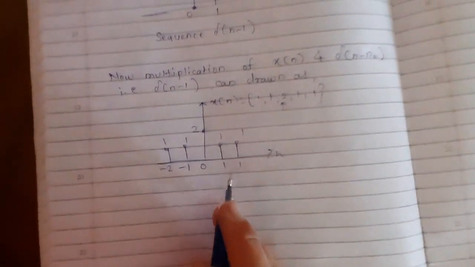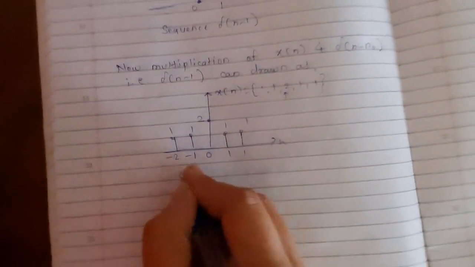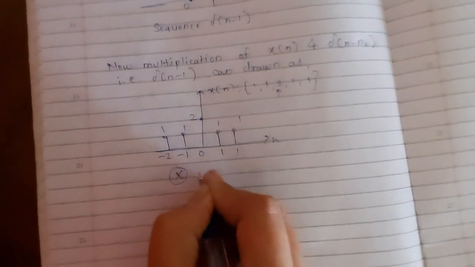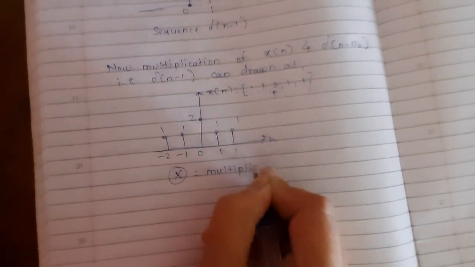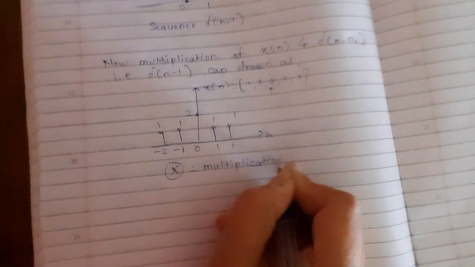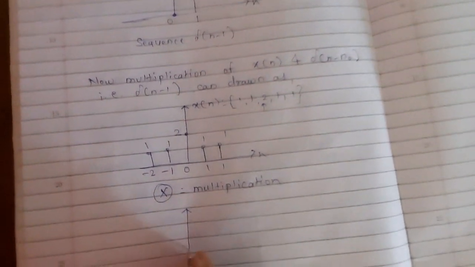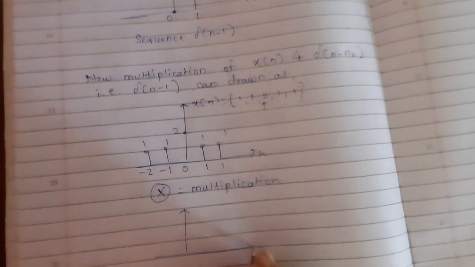This is x of n. Next, it is multiplied by delta of n minus 1.